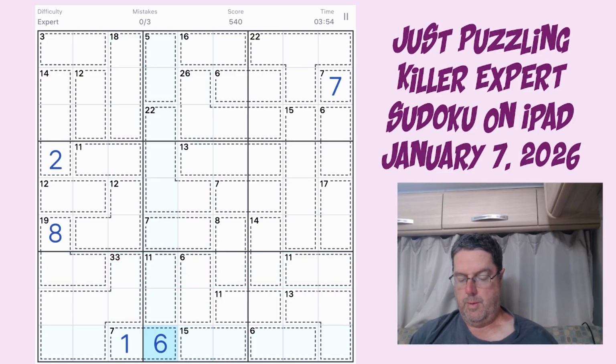15, 21, 32, 38, so these two are going to add up to 7. 6, 18, 17, 15, so this is 15. So 15 can be 9 and 5, 8 and 6.